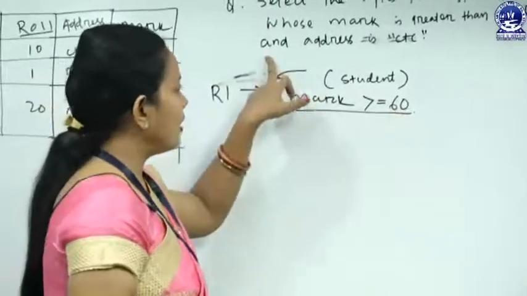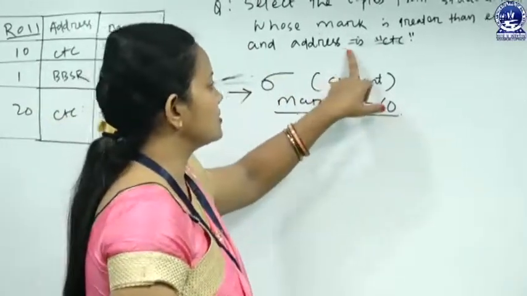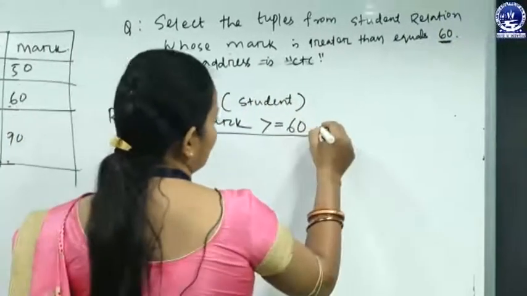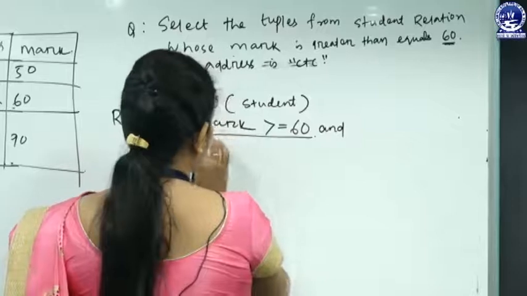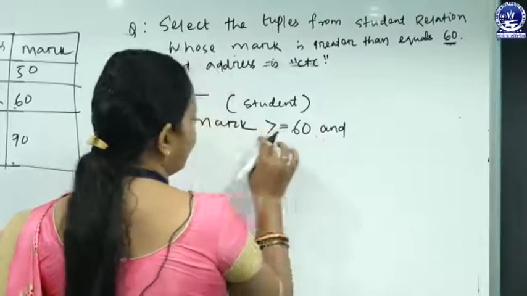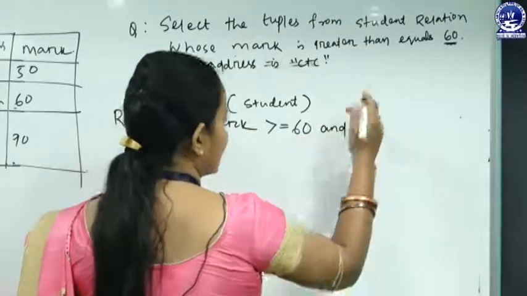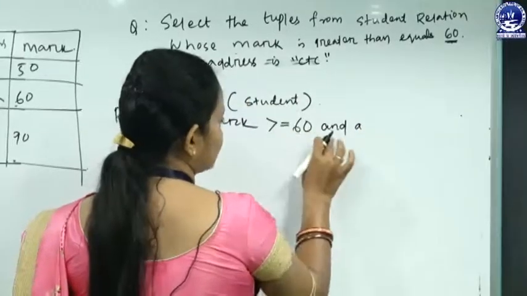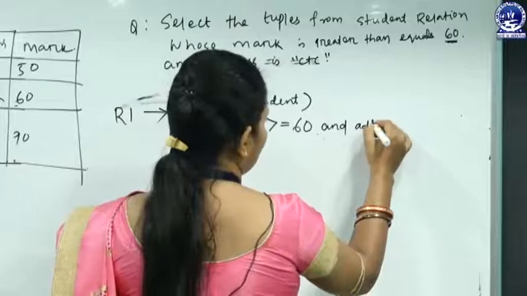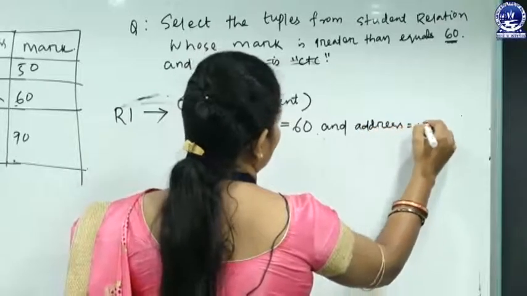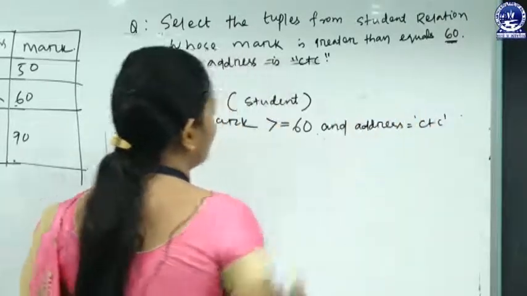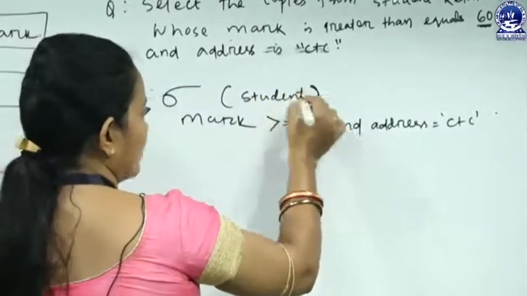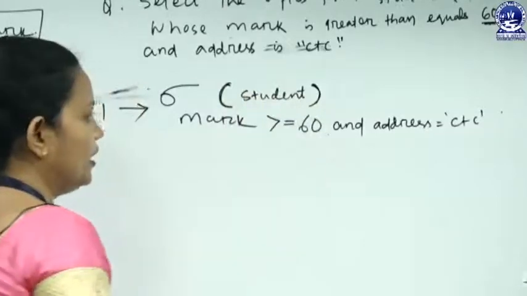But here I connect another condition, that is address is CTC. This can be done by using the logical connector. Here I write mark greater than or equal to 60, and the second condition is written using the logical connector AND, that is address equals CTC. And here we are operating on the student relation, so I mention the student relation.